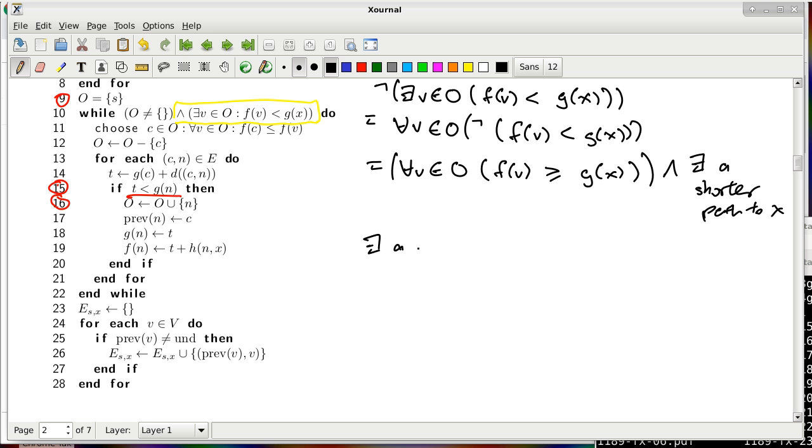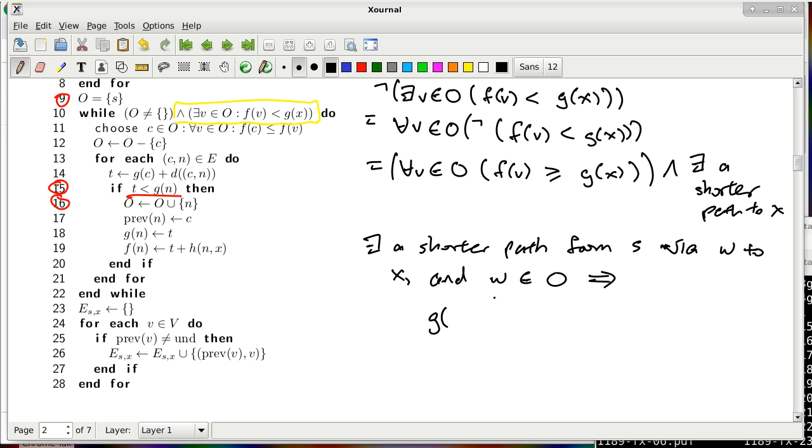If I say there exists a shorter path from the start vertex S via vertex, I'll call it W, to X, and W is an element of O, that implies g of W, which represents the length of a path from the start vertex to W at this point, plus h of W x, which is the heuristic, an estimate that cannot overestimate, has to be less than g of x, because we said that what we found is not the shortest.